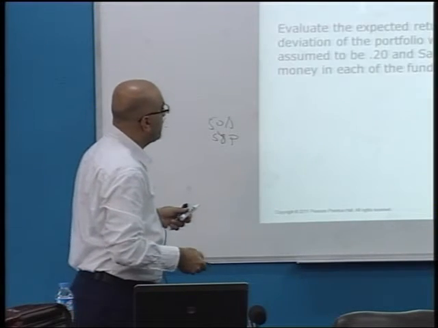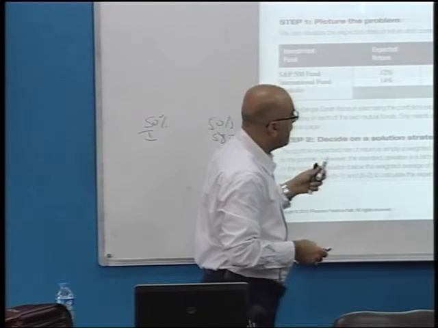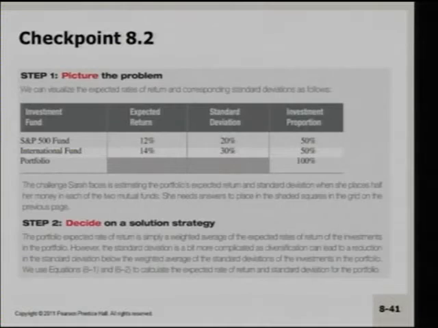Let's go back to the example here, just to see which holds higher risk, international or S&P 500. International. Why? Because of the standard deviation. So what we will do now is just replace the weight.